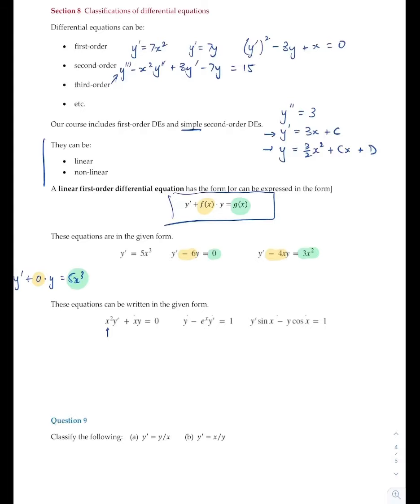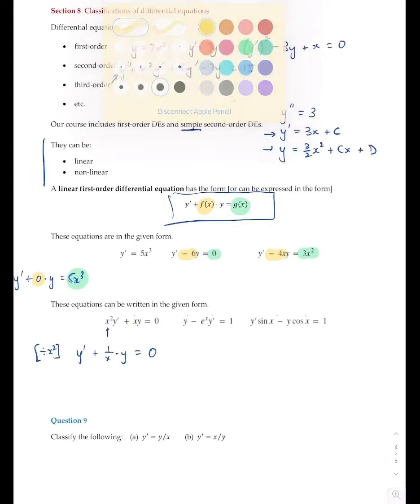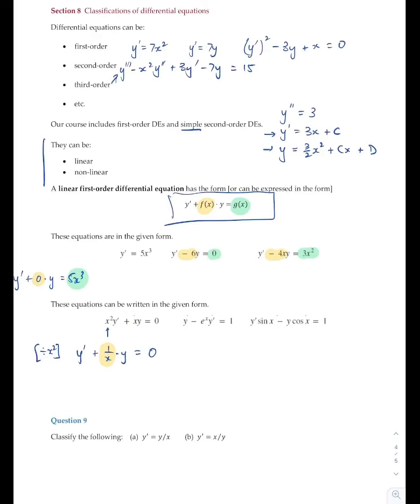So we're going to divide by x squared. And that will give us y dash plus 1 on x times y equals 0. 0 divided by x squared is 0. I've written this as 1 on x times y to emphasize the function of x there. Okay, so that's in the given form.